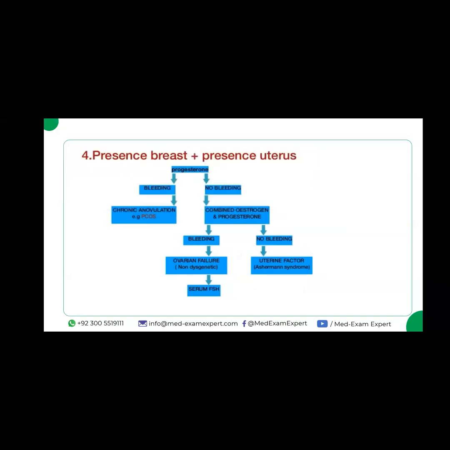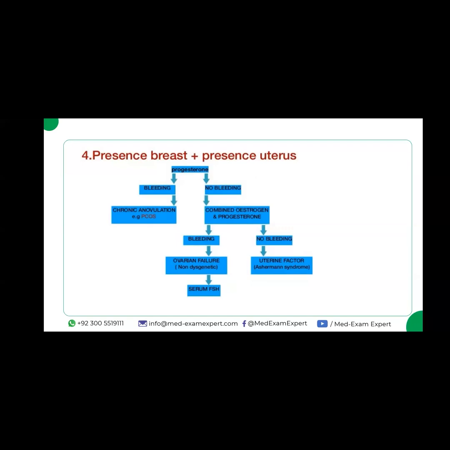However, if the breast is present as well as the uterus is present, we will see the level of progesterone. If we give the progesterone to the patient and the patient has bleeding, it means the patient was having chronic anovulation, that is polycystic ovarian syndrome, which was the cause of amenorrhea.